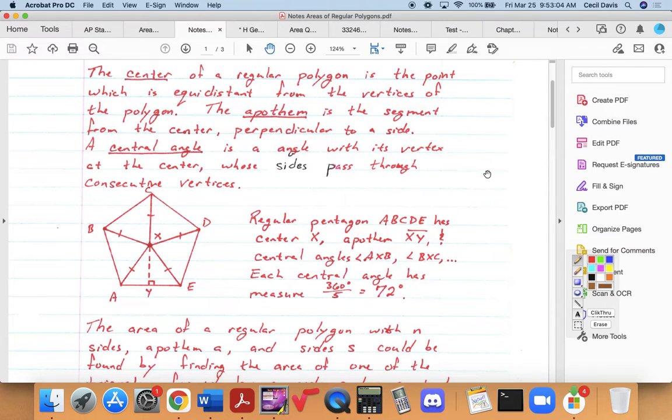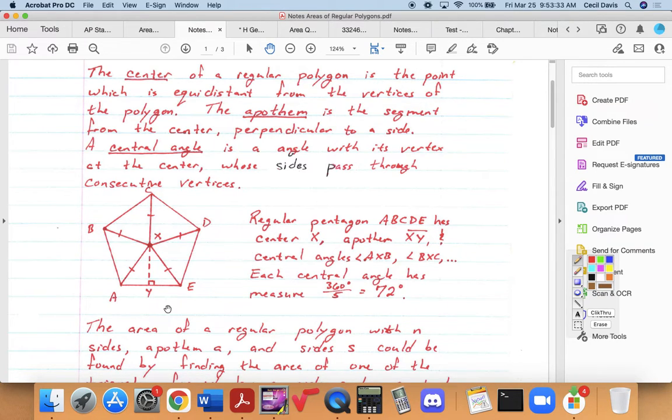I don't care which way you say it. This is the segment from the center perpendicular to a side. We almost always draw it to the bottom. We almost always have a side on bottom, and it's easy to do that. It's just like dropping in an altitude in a triangle. That is the apothem. It's got to go from the center perpendicular to a side.